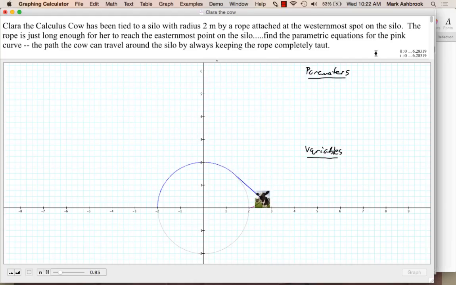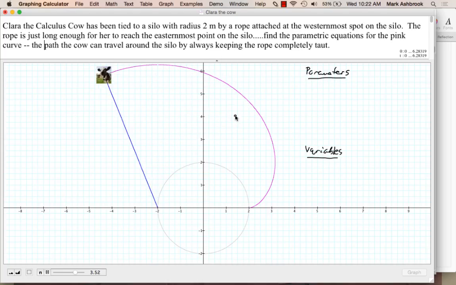What was a parameter or variable you came up with, Madeline? That was you, right? Where's Madeline Ramos? Sorry, I know I did call on you though. The length of the rope, and so is that a parameter? The length of the rope. Yes.